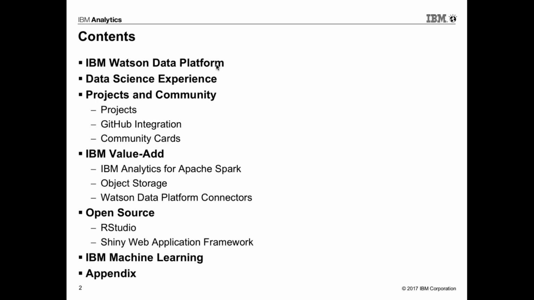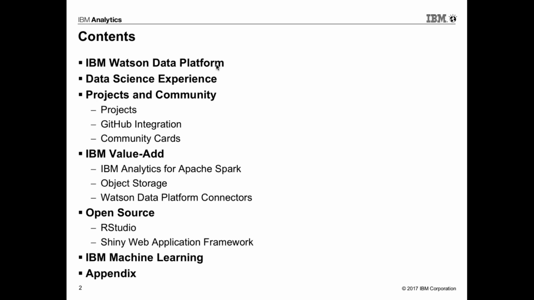The whole point of having a project is, let's say when one developer is working on particular code, he can share that code in real time and let other people edit and update it in real time. So it makes Data Science Experience a very easy and effective way to collaborate and do rapid software development.